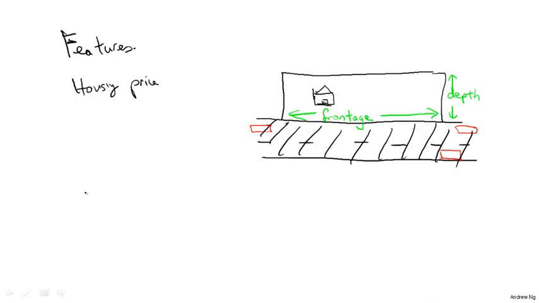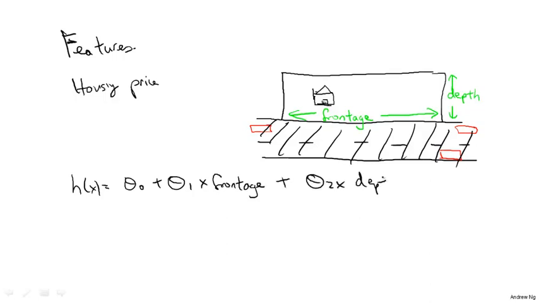And so one thing you could do is model this as h of x equals theta 0 plus theta 1 times the frontage plus theta 2 times the depth, so you set feature x1 to be equal to the frontage, the width of the plot of land, and feature x2 to be equal to the depth, assuming rectangular plots of land. And you could try to use this to predict the price of a house.